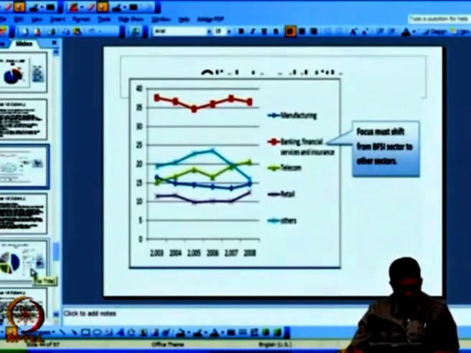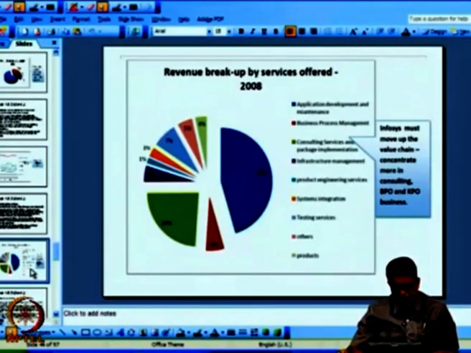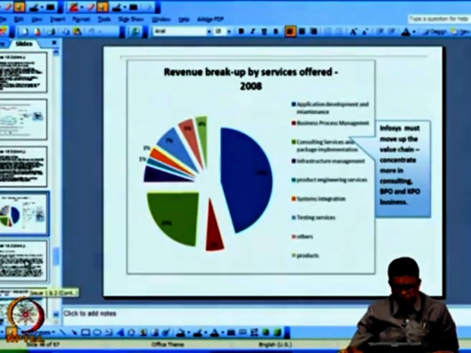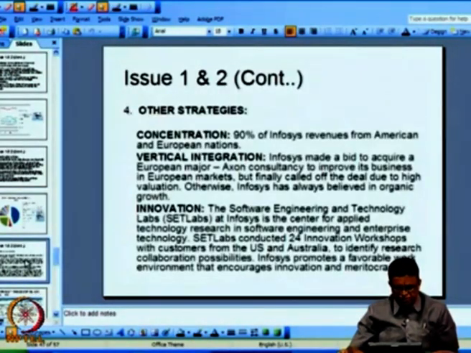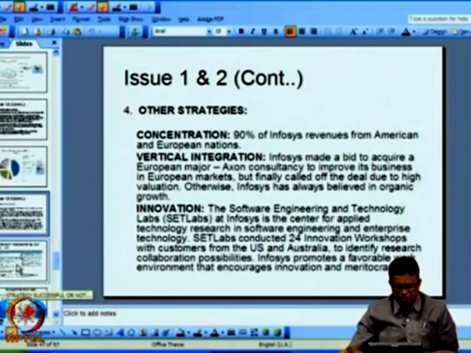Similarly, they have addressed the other issues after this revenue breakup. They have gone to issues 1 and 2 with respect to concentration, where it is coming from, 90% coming from American and European nations. So, the company is looking at vertical integration, then innovation, that is the SET Labs, which has been set up in Infosys.